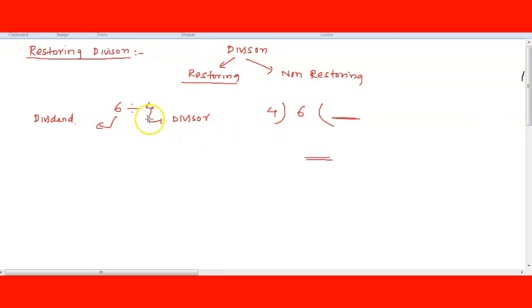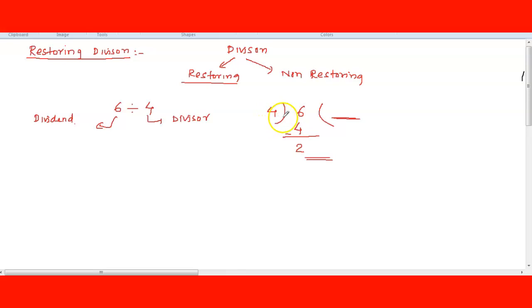So this 6 and 4 we are dividing here. 6 is called the dividend, 4 is called the divisor. How do we divide this? First we try to subtract 6 and 4. 6 minus 4 is 2, a positive number. I am telling you the algorithm, listen carefully.